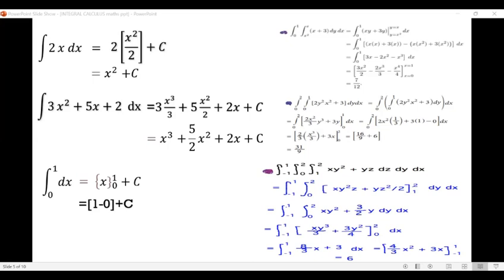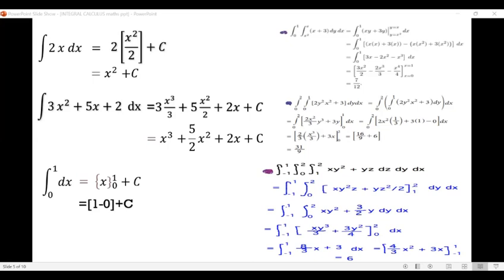Coming to our main topic, which is to be used in engineering, that is double integration. Double integration is calculated in the same manner, but you have to integrate the inside part first, then the outside part. You can see in the next question, with respect to y first, then you have to go for x.